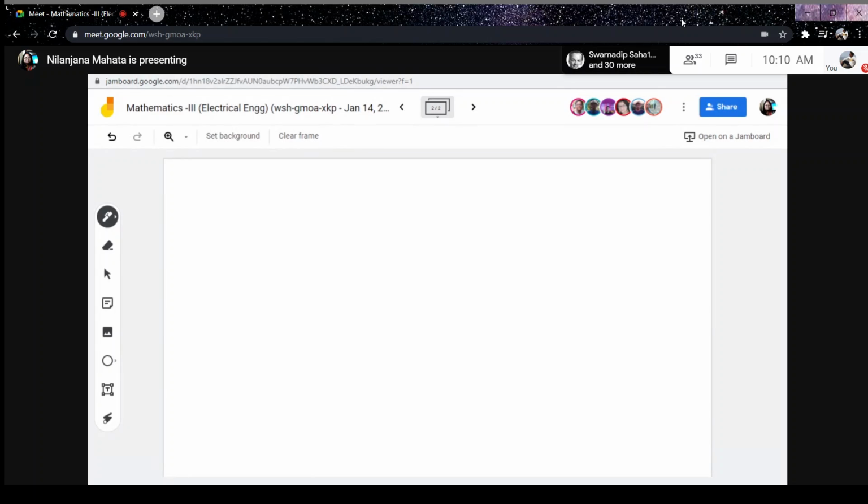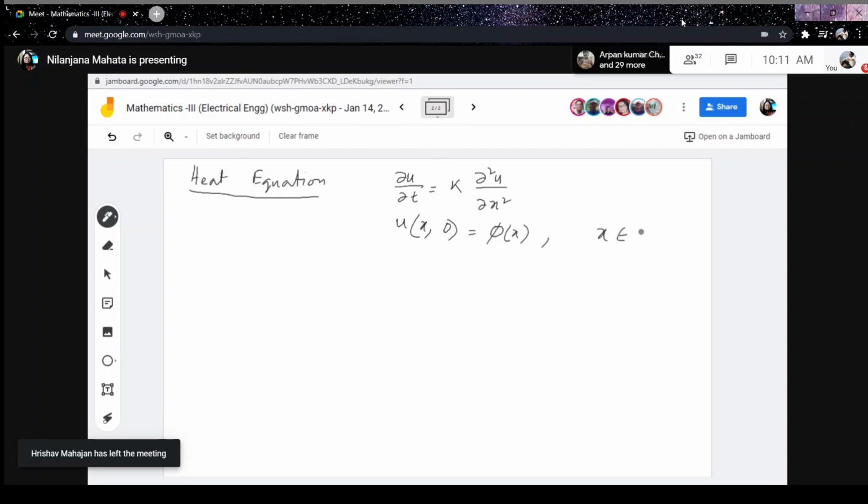Suppose our heat equation is given by del U del t is equal to k del 2U del x square, with U(x, 0) equal to phi(x), x belongs to (0, L), t greater than 0.